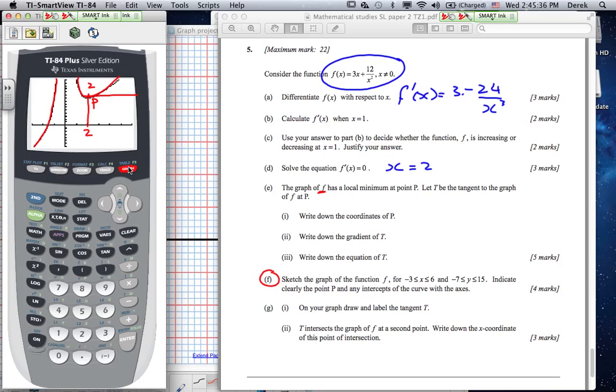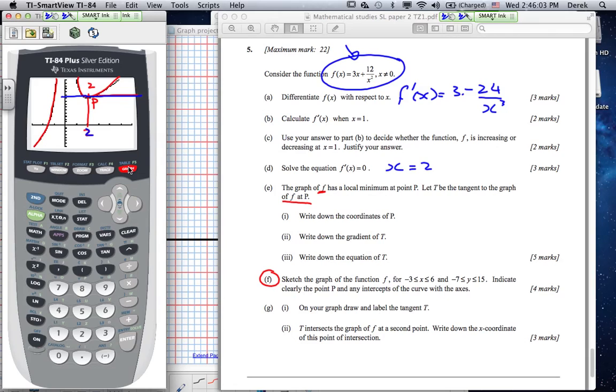Let T be a tangent to the graph of f at P. So this is what I've drawn here. On this I've drawn my tangent, like that. Write down the coordinates of P. Now we've got that x is equal to 2. To find my y value, I'll need to put it into the equation for the graph.